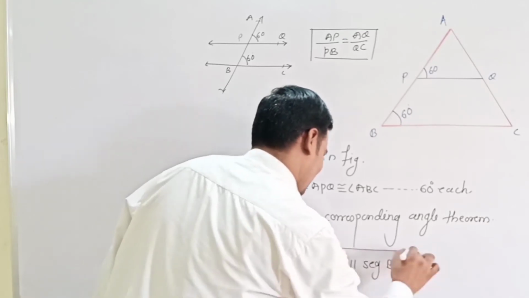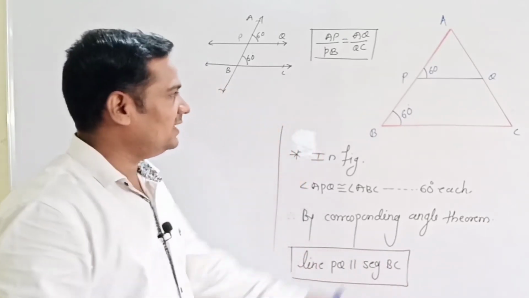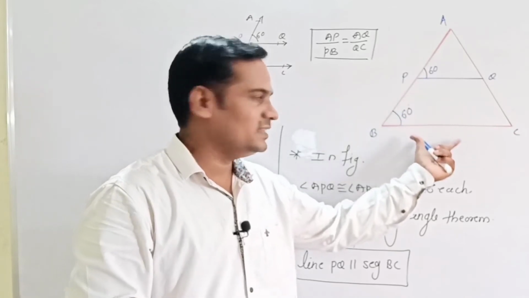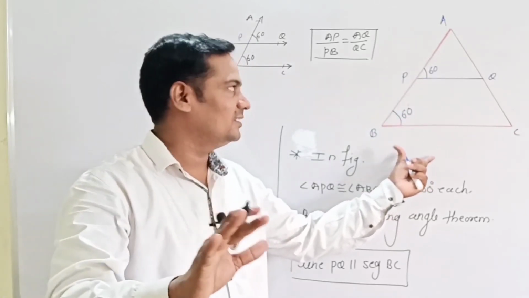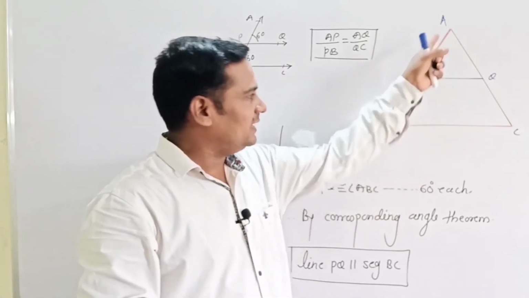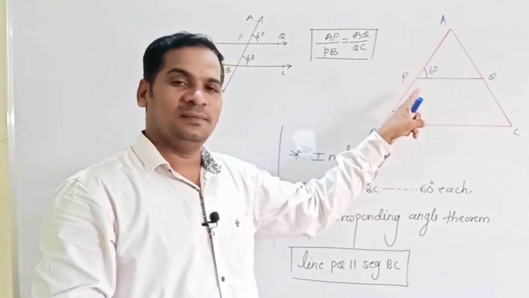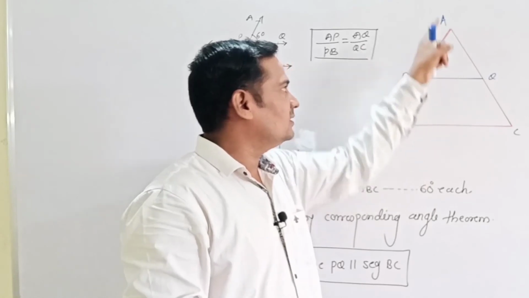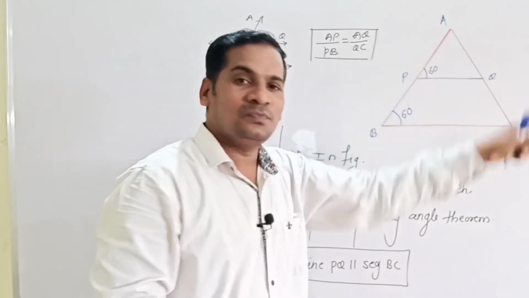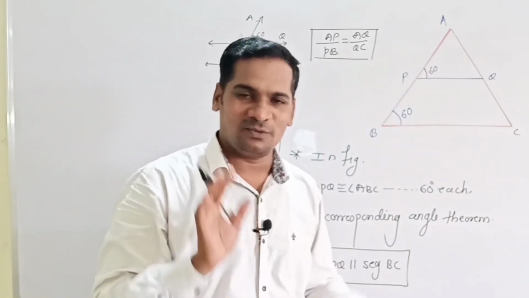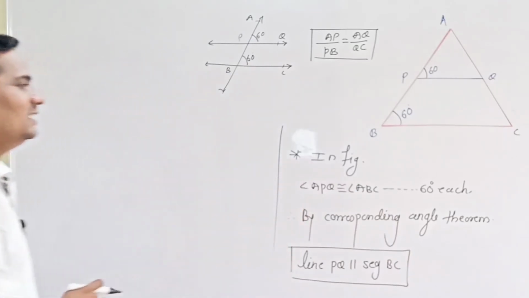Now, if any line is parallel to a side of a triangle and intersects the remaining two sides in two distinct points, then the line divides those sides in equal ratio. This is the basic proportionality theorem.